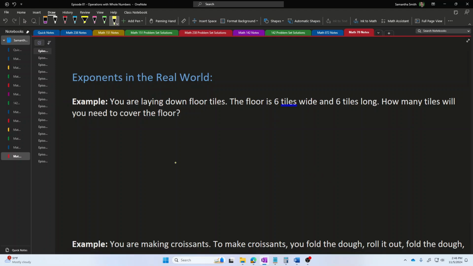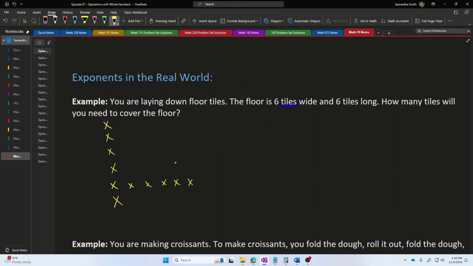So my floor looks like this. I have a tile here, and 1, 2, 3, 4, 5, 6. This is the number of tiles I have in width for my floor. And then I have the same number of tiles in height. 1, 2, 3, 4, 5, and then 6.